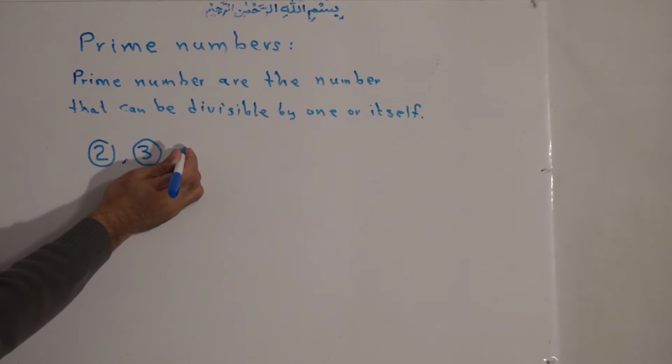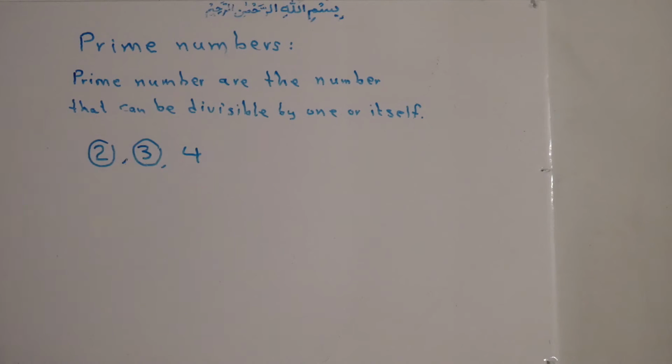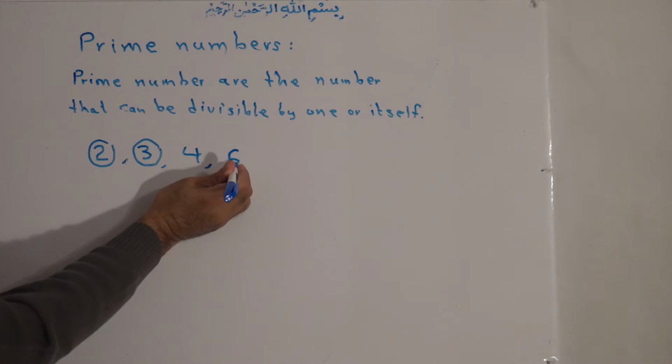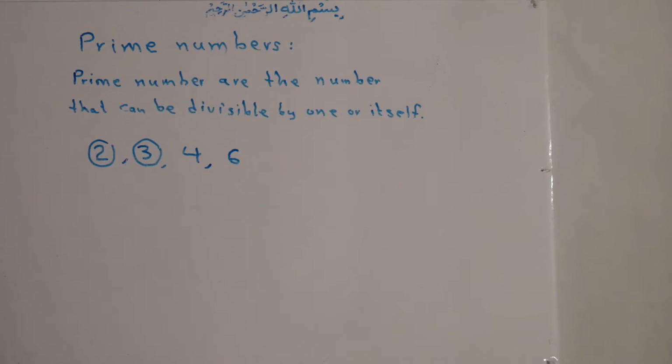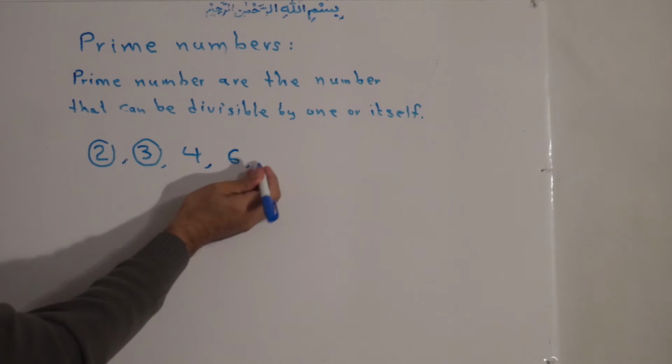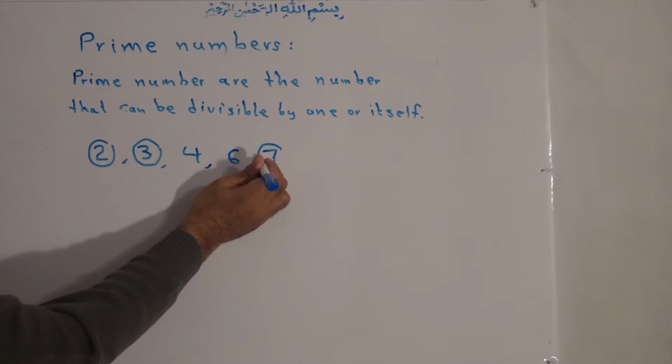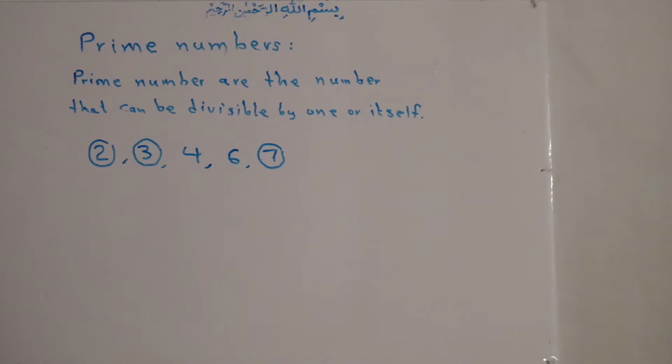But 4 is not a prime number because 4 can be divisible by 4, by 2, and by 1. 6 is not a prime number, 6 is divisible by 3 and by 2. But what about 7? 7 is a prime number because 7 is only divisible by 7 and 1.